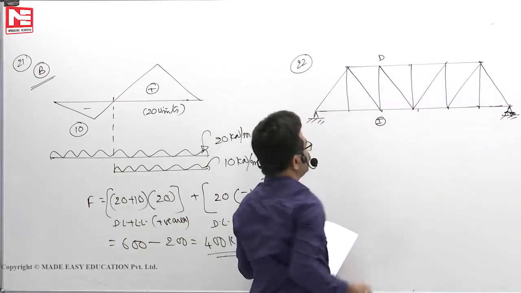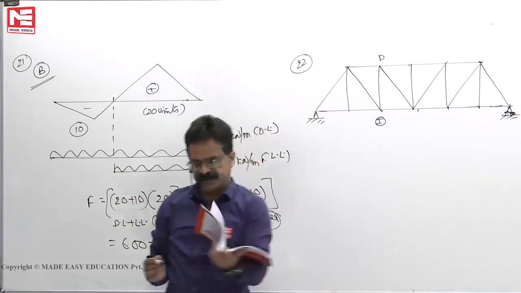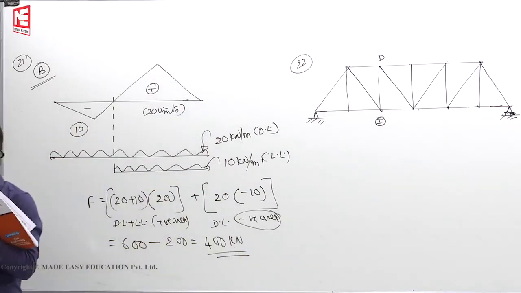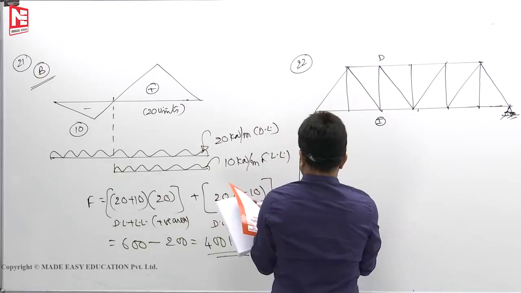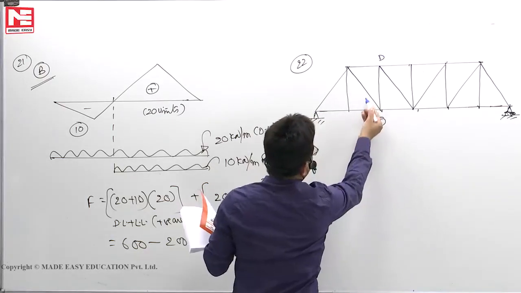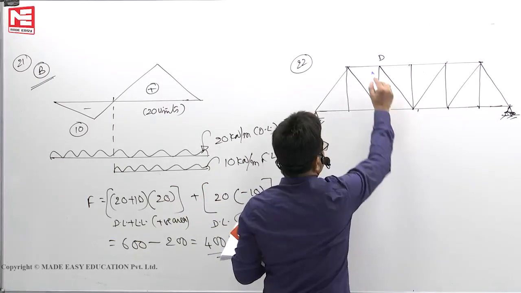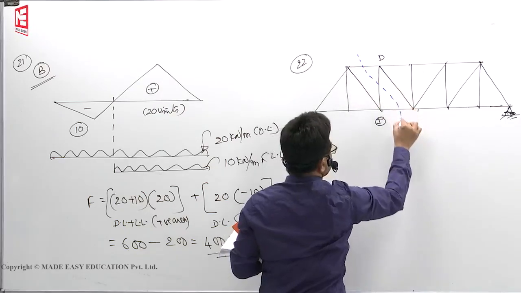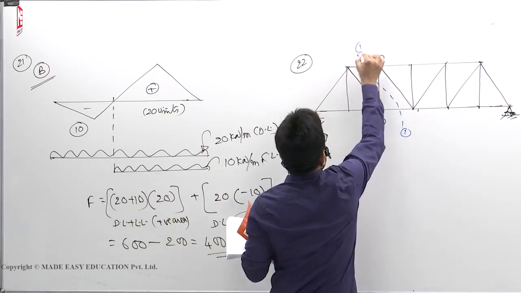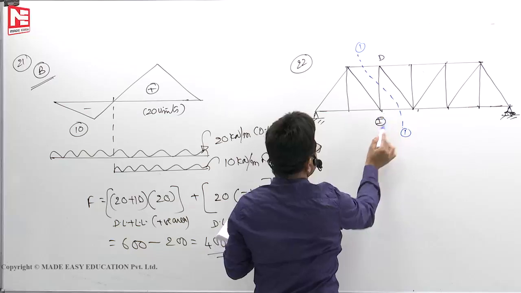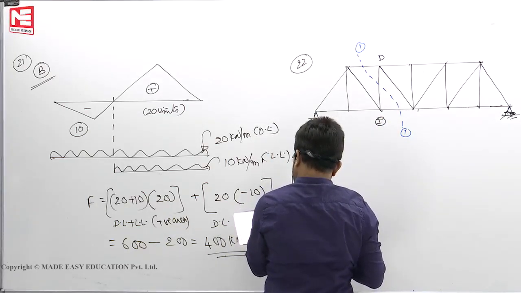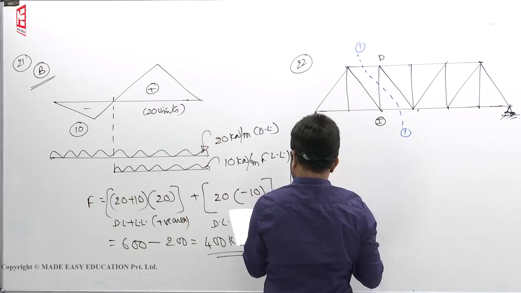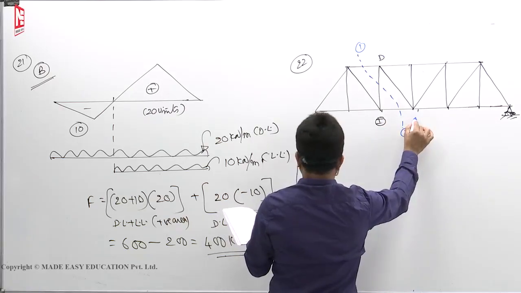ILD for DI, if you want, how you can cut it? How to cut DI? I cannot cut this way. 1, 2, 3, 4, 5 are cut. So not possible. I must cut this way only. So disturbed panel is this third one. So disturbed panel is IJ. This point we take say J.